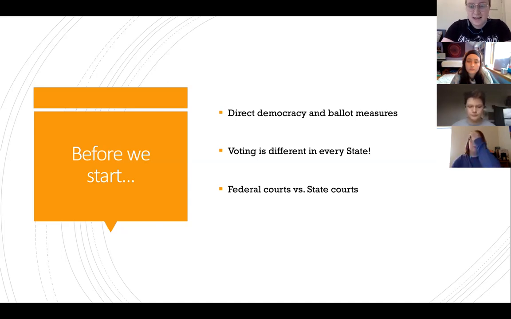That leads into the last key concept, federal courts versus state courts. Federal judges are appointed by the president, approved by the Senate, and then have that job for life. State judges don't all have that luxury. Many of them have to face re-election, and that changes judicial behavior a little bit. So those are some important things to keep in mind as we move forward.